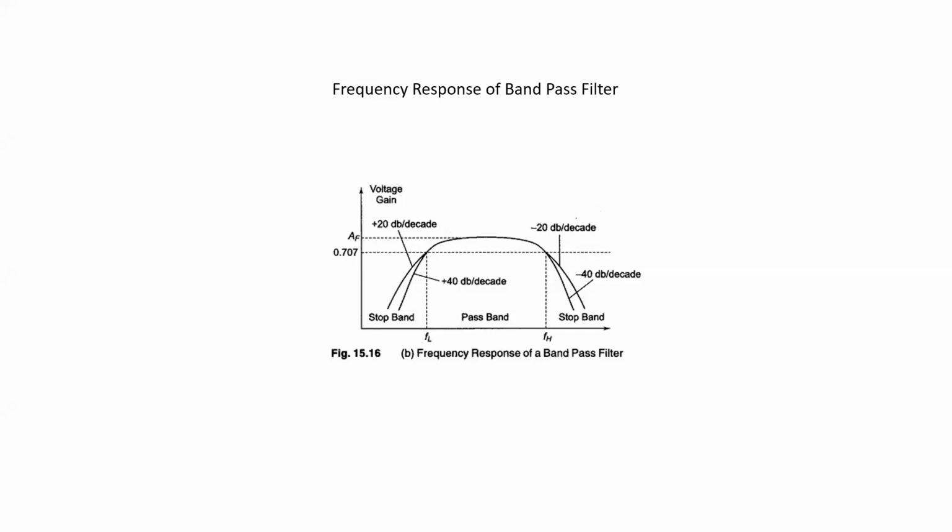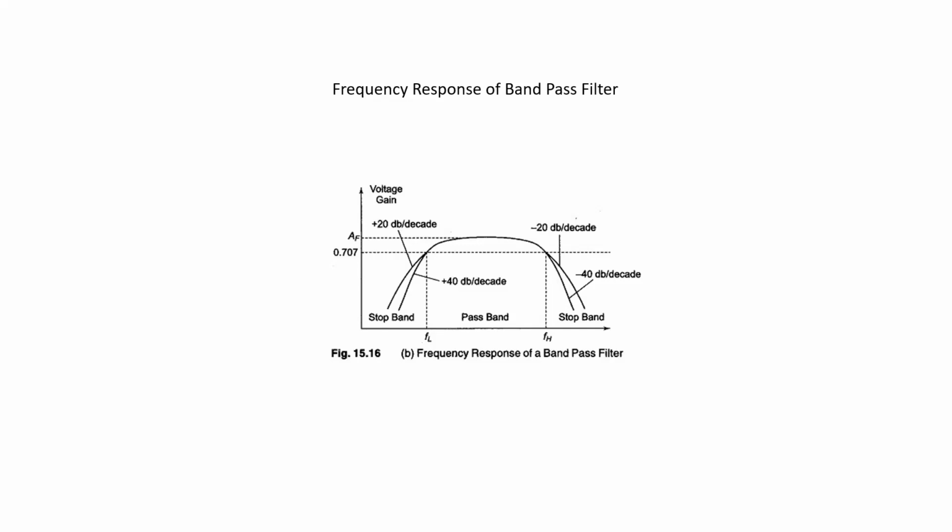Okay. So in the previous lectures, you can see that I have already designed various filters, such as the first order low pass filter and the second order Butterworth low pass filter on Multisim, and we have already seen its frequency response.